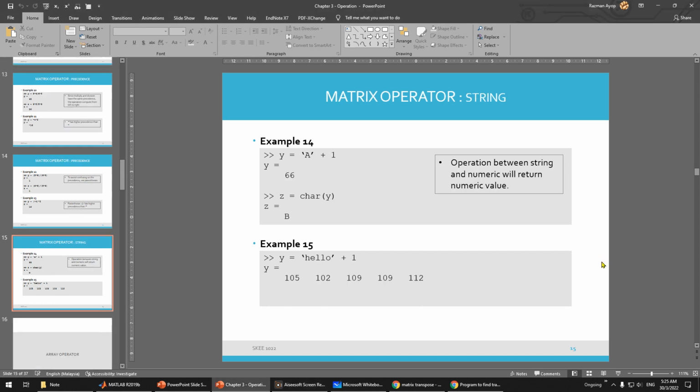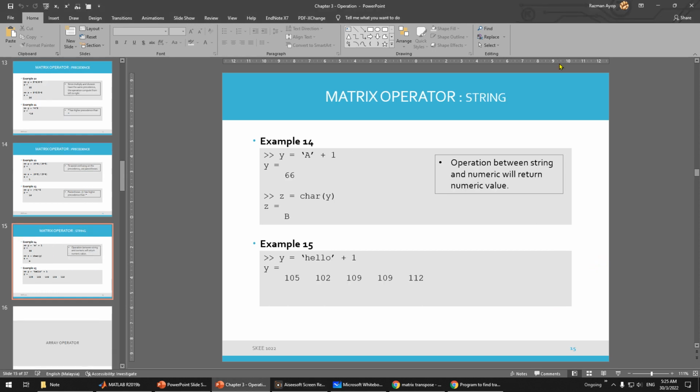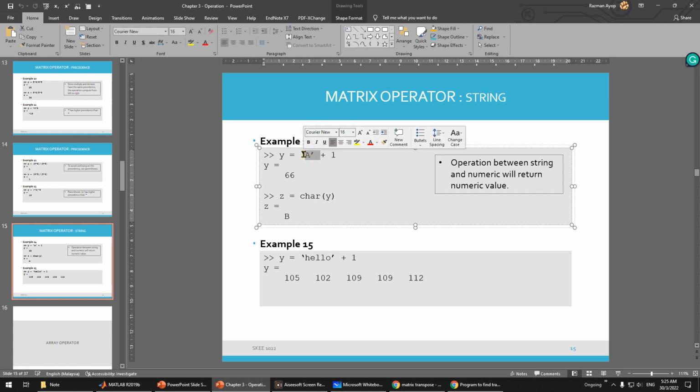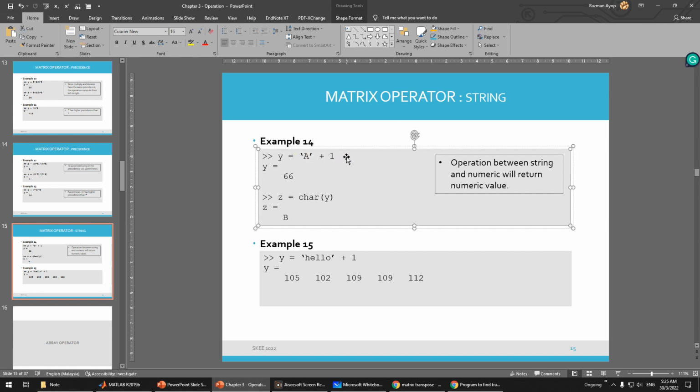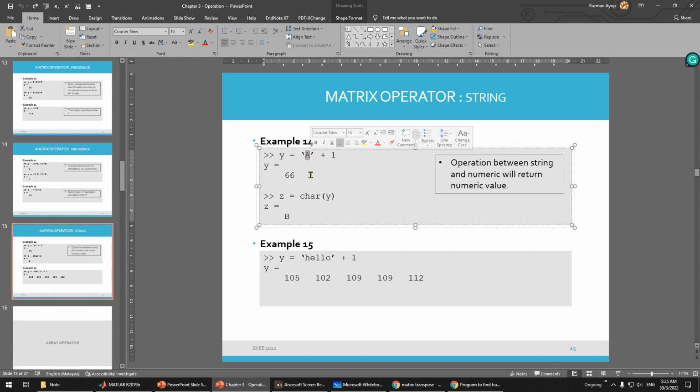And then next, for this case, if you do this, it becomes a character, and a character combined with a double, remember, MATLAB always wants to solve this in double. So A is basically 55.